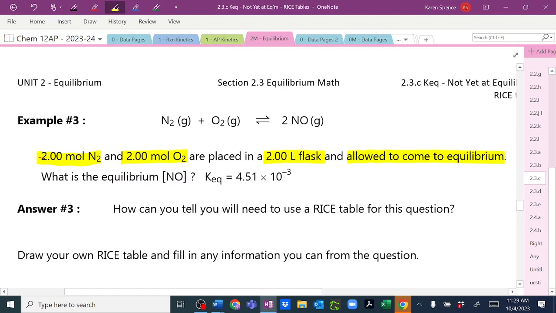Now, you need to be able to tell whether this is already at equilibrium or whether it will come to equilibrium and I will use a rice table. Take a look at that question. Tell your partner, how can you tell if you are already at equilibrium or that we are not at equilibrium and we will need to do a shifting rice table? How can you tell?